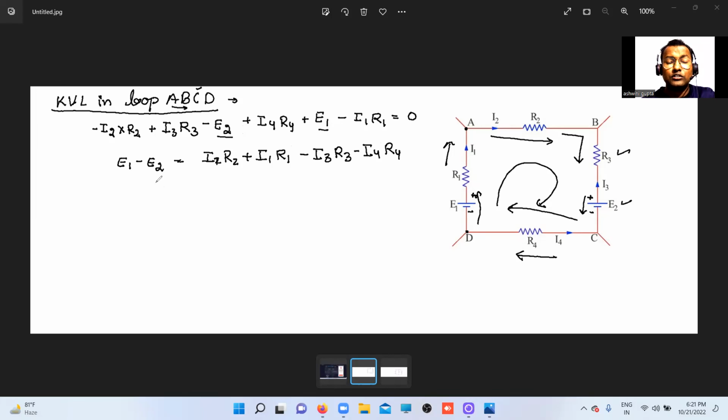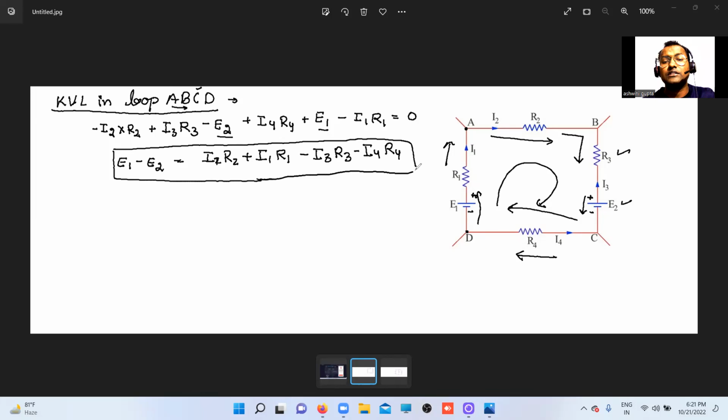Right. So this is a simple way in which we can write the Kirchhoff voltage law in the given circuit.